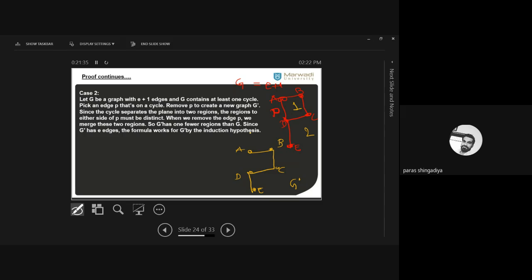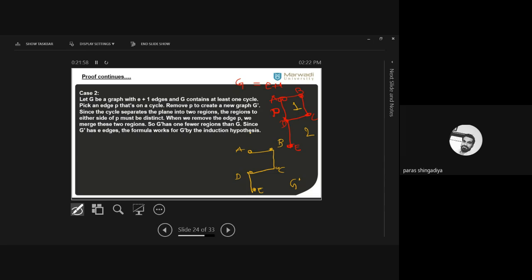What is our supposition? This formula works for all such graphs which contain up to E edges. That is our supposition. वो हमारा supposition था ना step 2 में. This formula n minus E plus F will work for all such graphs which contain E edges. So here the G dash has E edges.